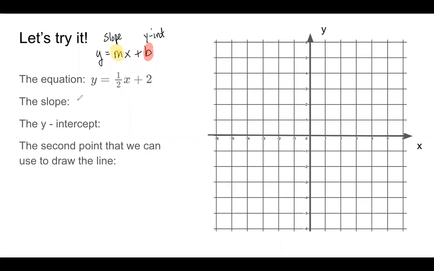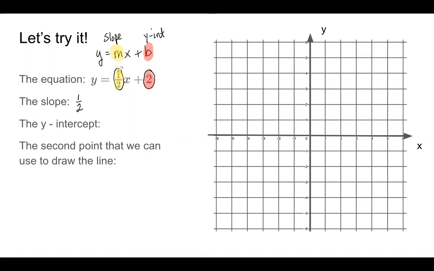So when I'm looking for the slope, I literally just pick out the number that's multiplied times x. So the slope is 1/2, right? And when I'm looking for the y-intercept, I can just select the constant term, the term that's just a number and doesn't have any x in it.